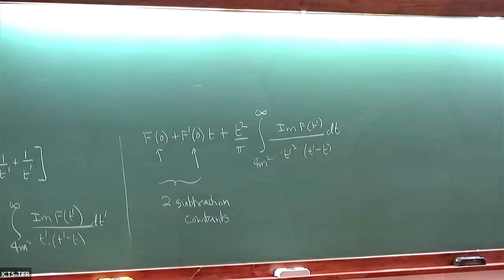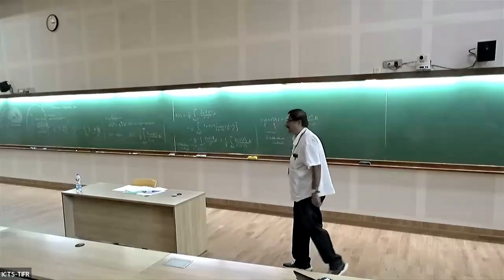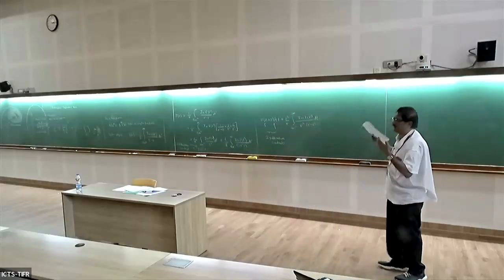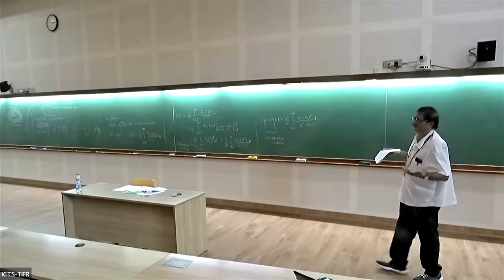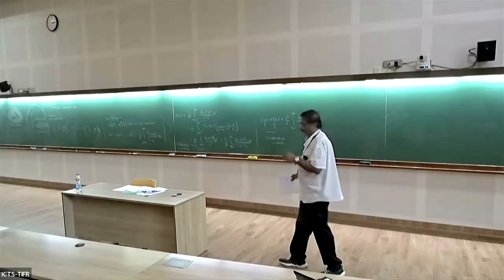In scattering experiments, what do we measure? Cross sections. It could be differential cross sections, or an elastic cross section, or the sum of the elastic and inelastic cross sections, which is the total cross section, okay? Now, do you think that there is some bound on cross sections? And if so, why? And from what principles can you get such a bound?